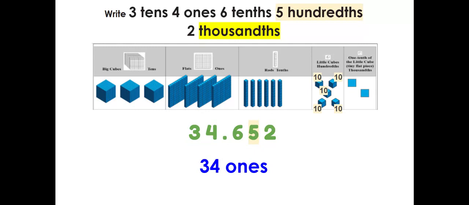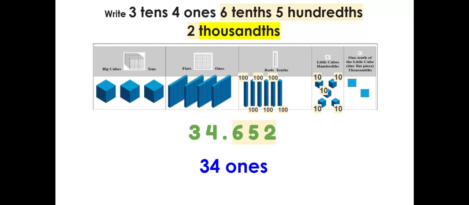Then let's look at our 10 rods. We have 6 tenths. Now, this takes a little bit of thinking, but inside each one of those tenths, how many thousandths do you think are hiding in there? Well, we know in our beautiful base 10 place value system that we multiply by 10 each time. So there's actually 100 little tiny thousandths hiding in each one of those tenths rods.